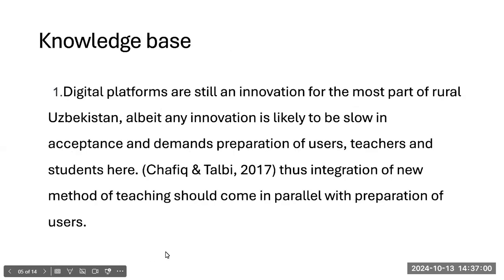If we talk about the knowledge base, this project is a result of the transformative learning course that I did in MA18. I was able to connect my own experience with the knowledge that I got during the studies.